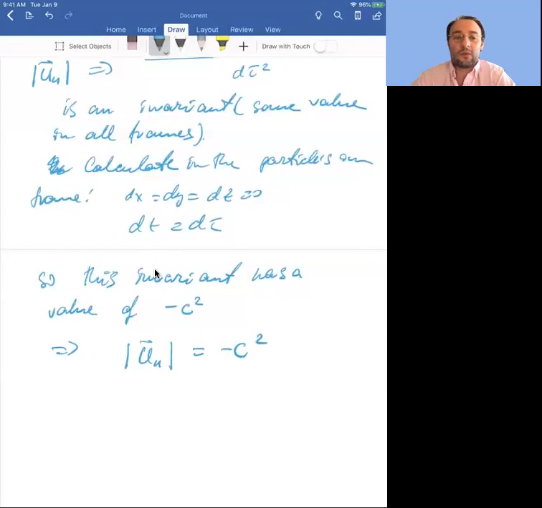A particle in its own frame moves only through time, so its 4 velocity vector is pointing strictly in the temporal direction. The same particle's 4 velocity vector viewed from a different frame is tilted in that other frame, and it has a spatial component and a temporal component.